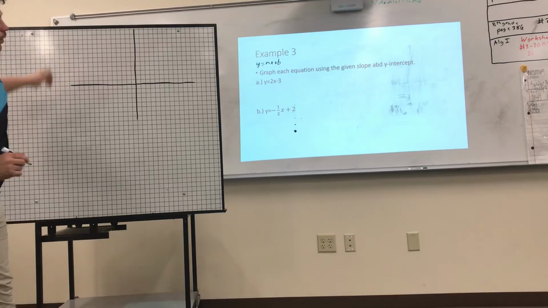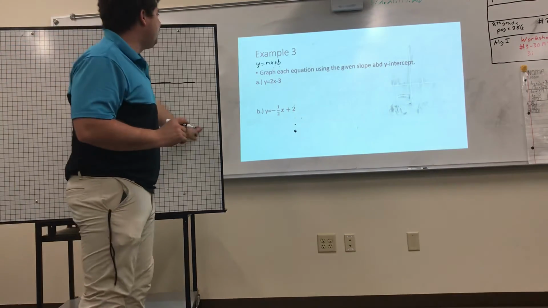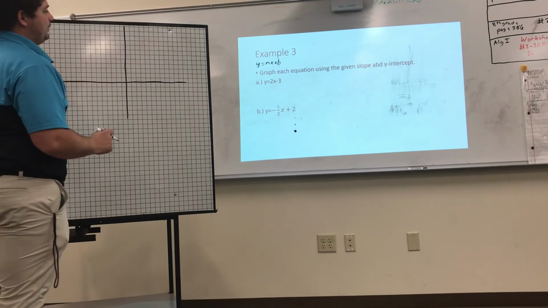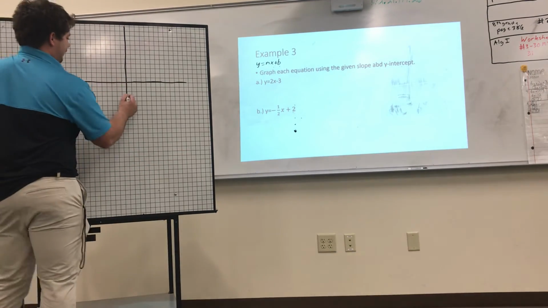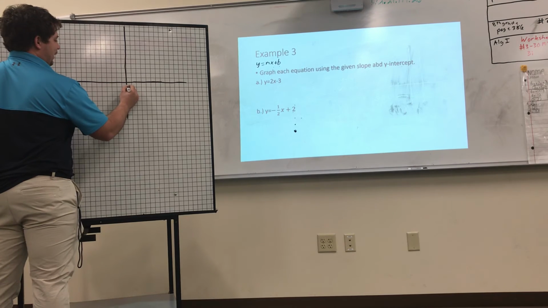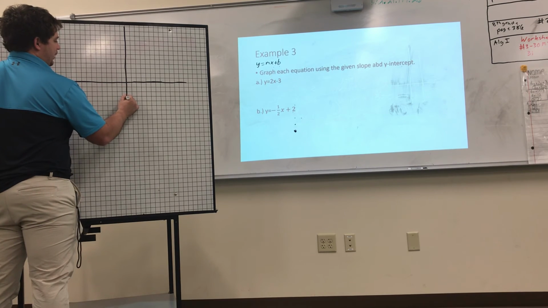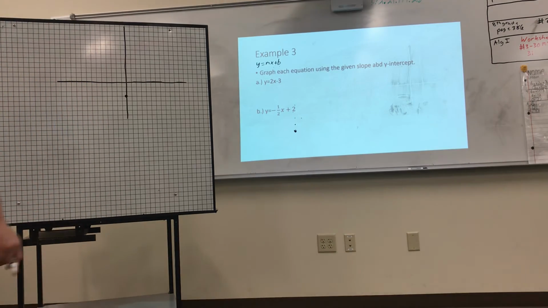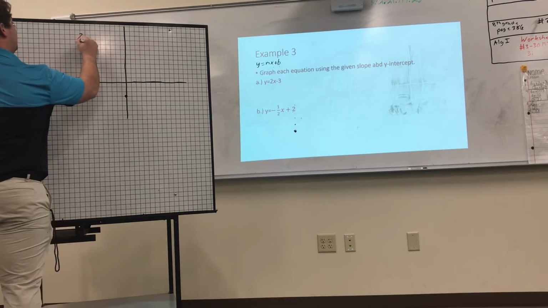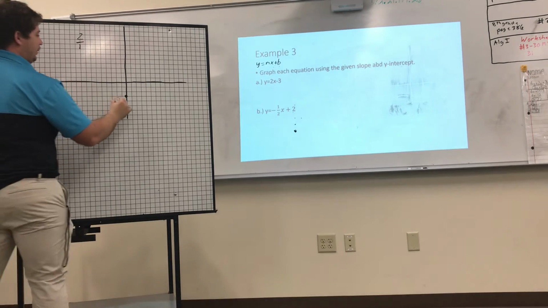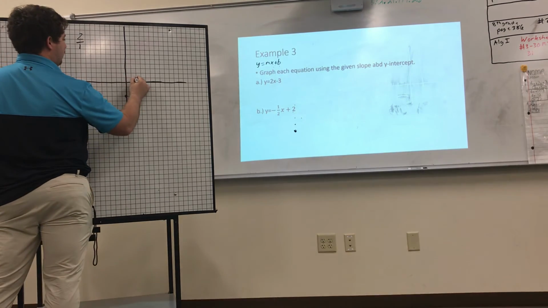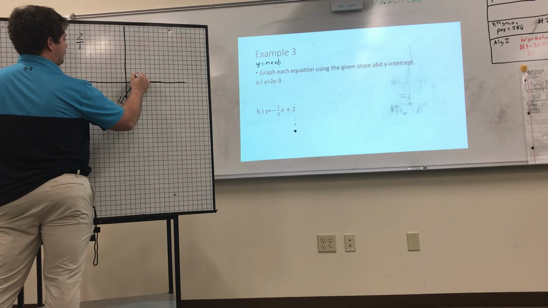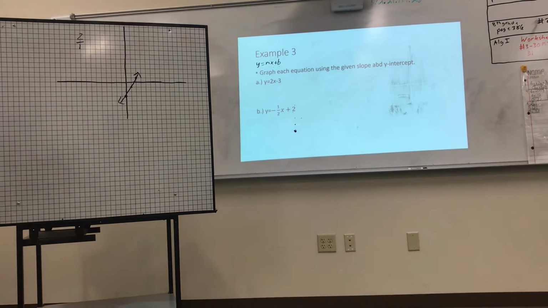On this equation we have y equals 2x minus 3. The minus 3 tells me where my y-intercept is. It's a negative 3: 1, 2, 3. It crosses right there. Now the 2 tells me my slope. That is 2 over 1 as my fraction. So I'm going to rise 2 over 1, rise 2 over 1, connect my dots. I have a line. So that would be your first one.